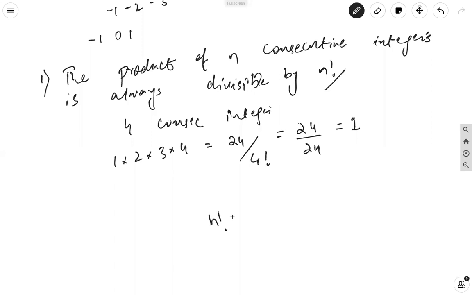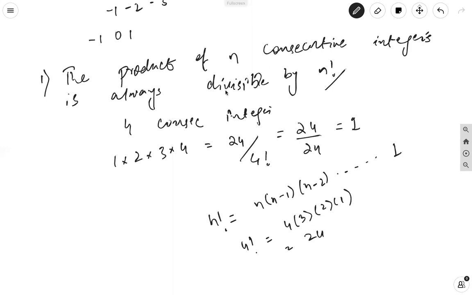For example, factorial 5 is 5 multiplied by 4 multiplied by 3 multiplied by 2 multiplied by 1. For n factorial, this will be n into n minus 1, n minus 2, and this will move till 1. Let's suppose we have 4 factorial. This means we are multiplying 4, 4 minus 1, that is 3, 3 minus 1, that is 2, 2 minus 1, 1, right? So the product is 24.